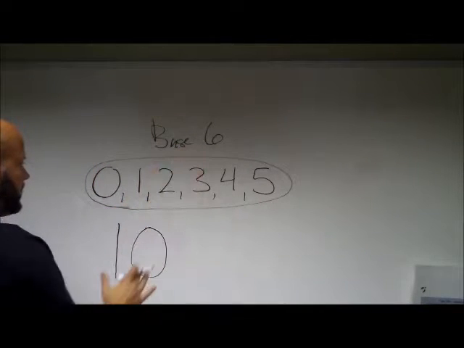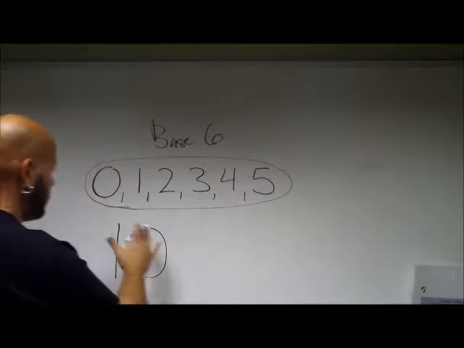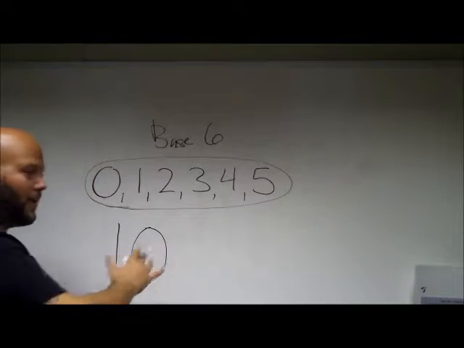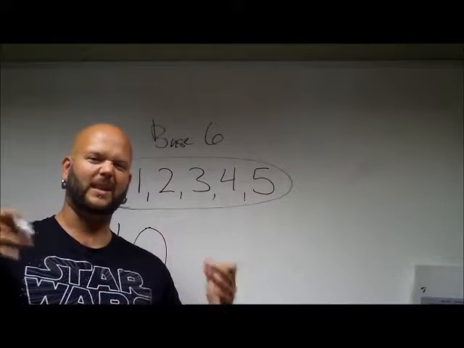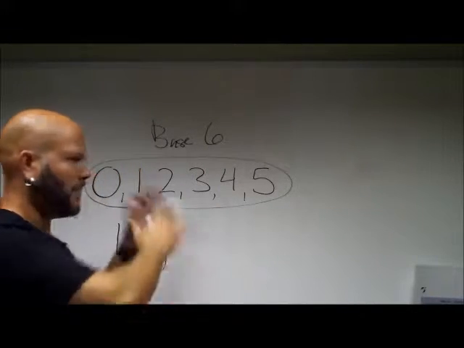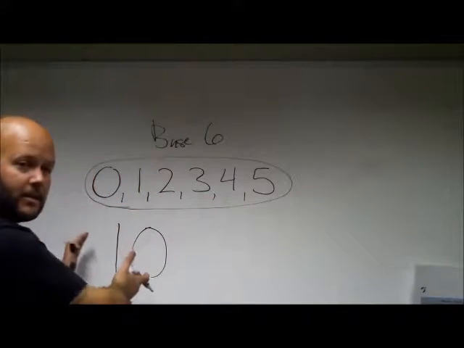So in base 6, to write the number 6, we would write 1, 0. We don't call this 10 because 10 is a base 10 number. 10 doesn't exist in base 6 as this.